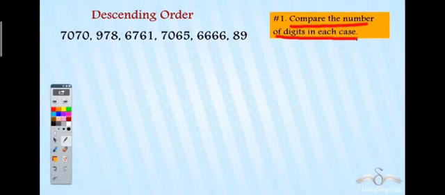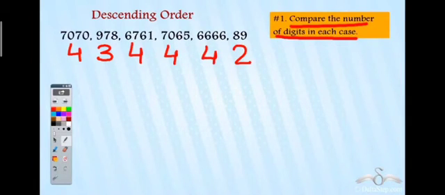So let's start and compare the number of digits in each case. So here 7070 has 4 digits, 970 has 3 digits, 6761 4 digits, 7065 4 digits, 6666 4 digits, and 89 has 2 digits.